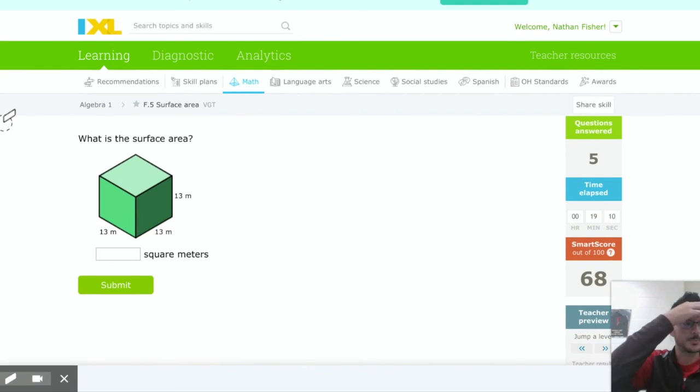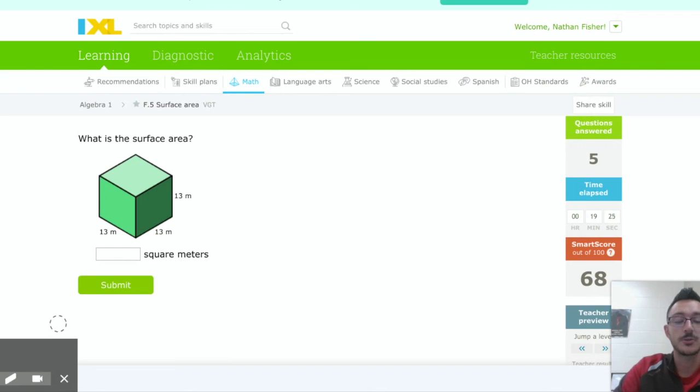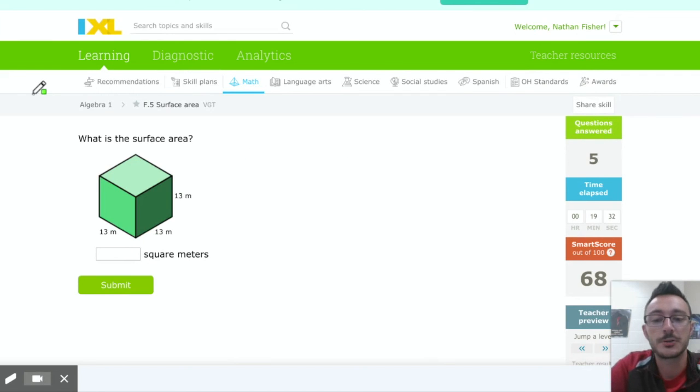This one's actually pretty easy. It's a cube, and I can tell because all of the sides are the same length, kind of like what I have here, although this one doesn't match in color. If I find one of the 6 sides, they're all going to be the same, so whatever I find, I'm just going to multiply by 6. So remember, for a square, which this is a square side, it's base times height, but it's all 13, and I'm going to have 6 of those, so that's where that comes from.